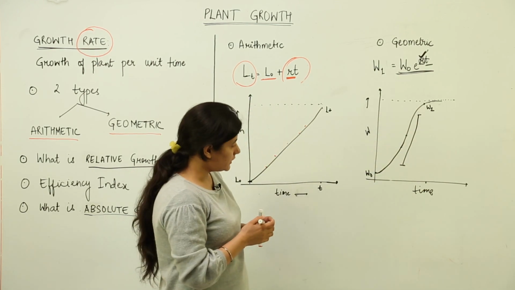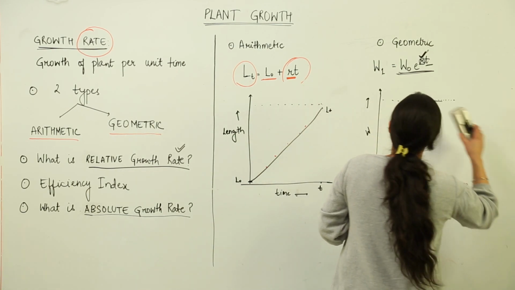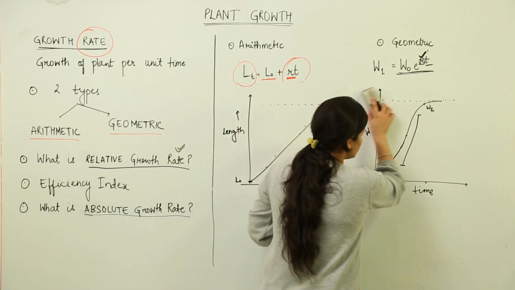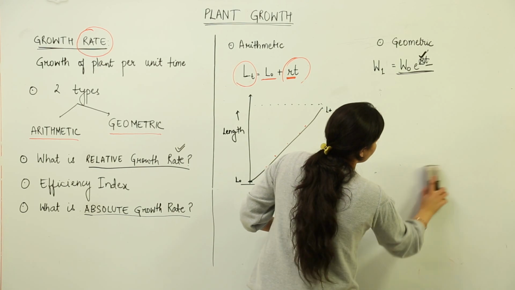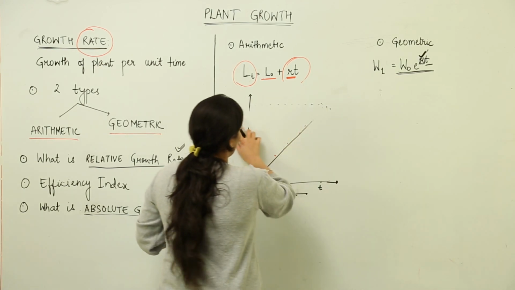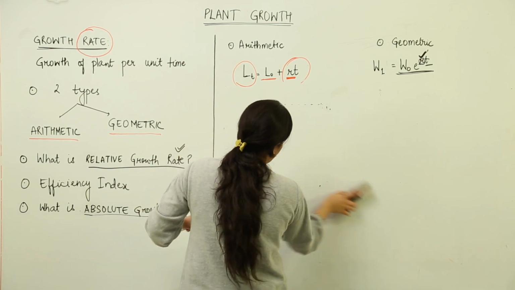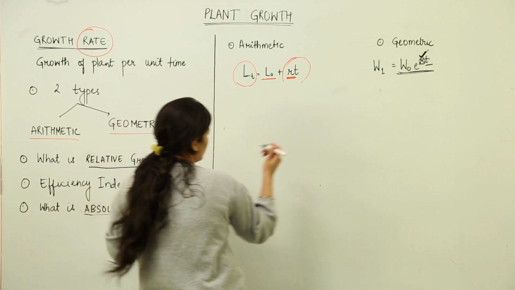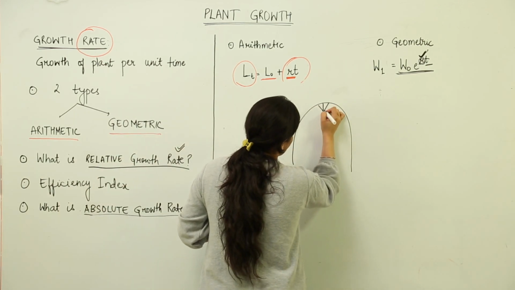Now the last thing that we need to understand is that we introduce the term relative growth in terms of geometric growth. Most of the plants, as you know, show geometric growth in the meristematic cells. If we look at the apical meristem of any plant at the embryonic stage, the meristematic cells would be present.